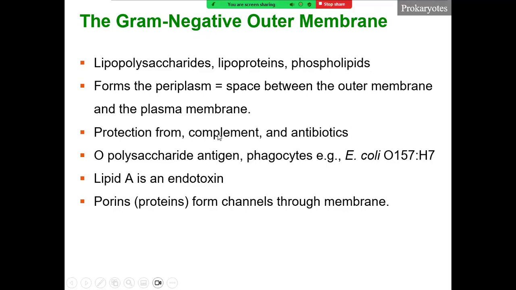And it cannot get through the outer membrane of the gram-negative cell, as well as antibodies. Some antibodies can't get through the outer membrane of the cell wall. And it does protect the gram-negative cell from penicillin G.